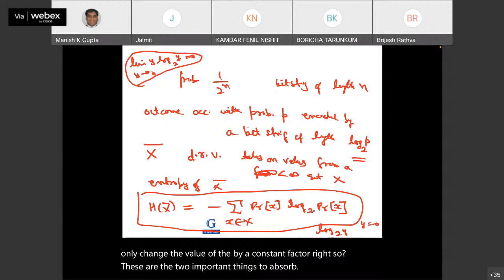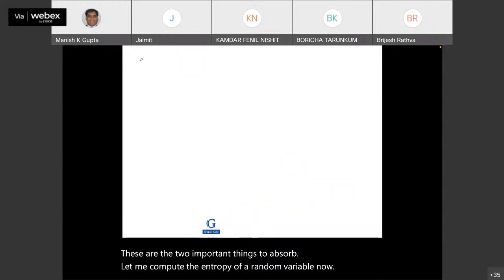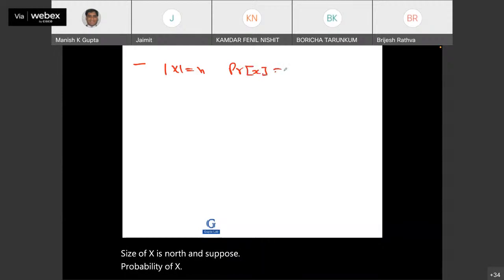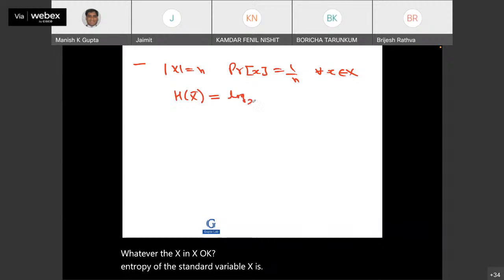So now let me compute the entropy of a random variable. If the size of x is n, and suppose the probability of x is 1 by n for every x in x, then the entropy of this random variable x is log base 2 of n.